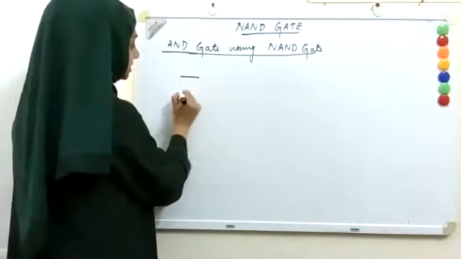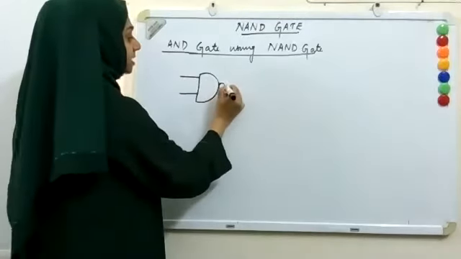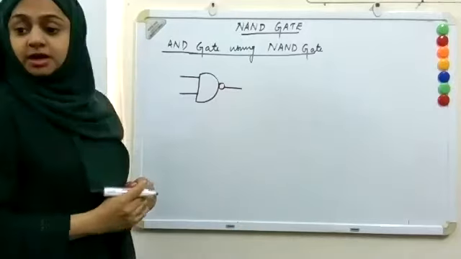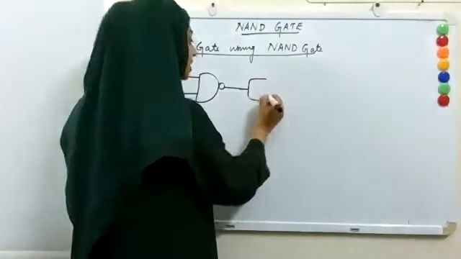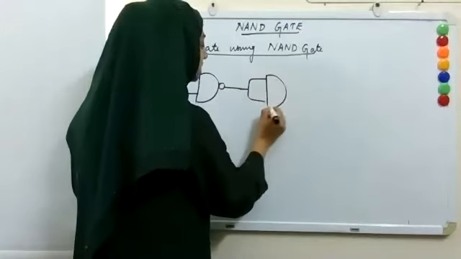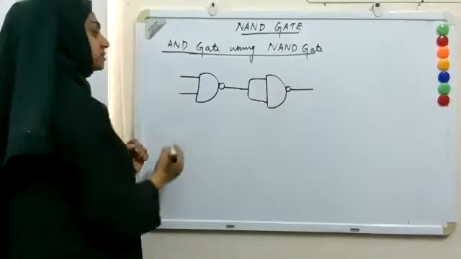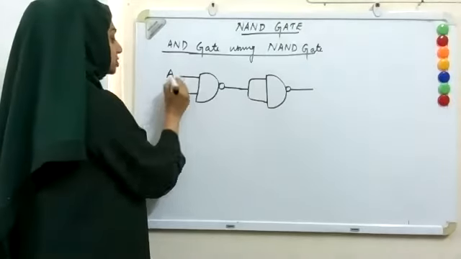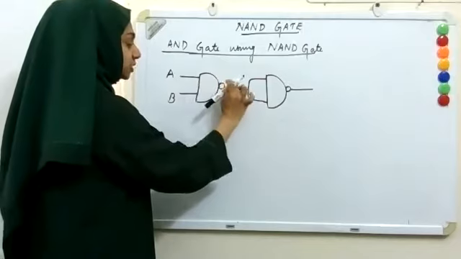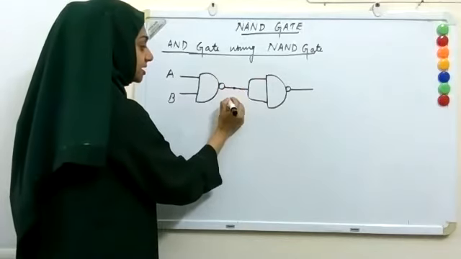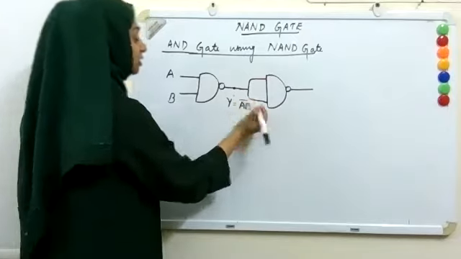So let us consider one NAND gate, that is AND with a NOT. And the output that is coming from here, that we will again separate into 2, and then we will give it to another NAND gate, and we will get the output. Let us see how this functions. So these are the inputs A and B. So when it passes through the NAND gate, the output that we get here, Y prime will be equal to A and B not.